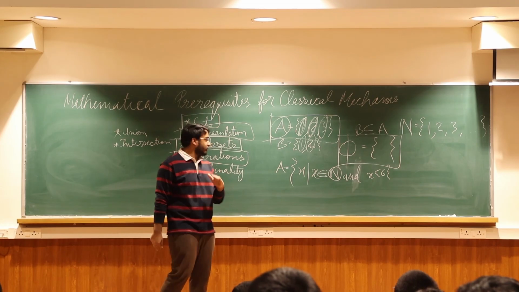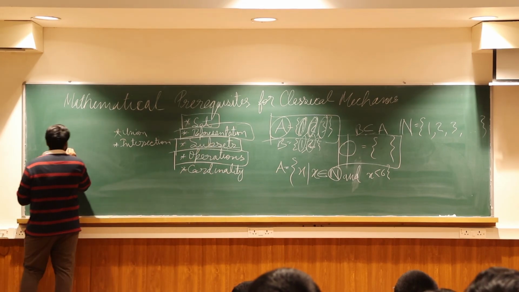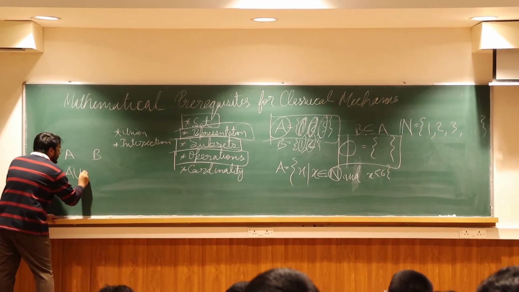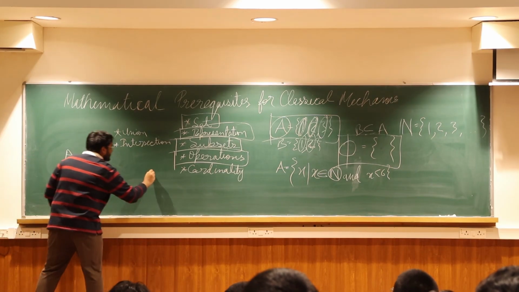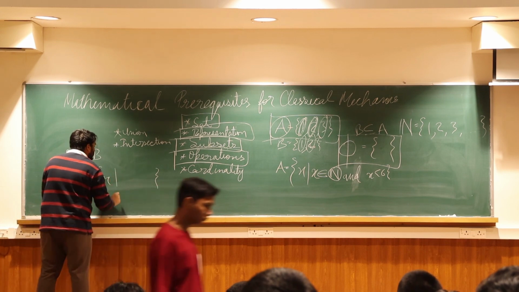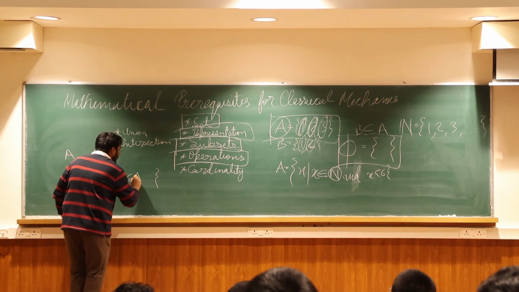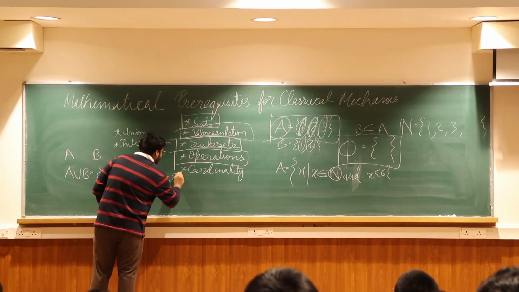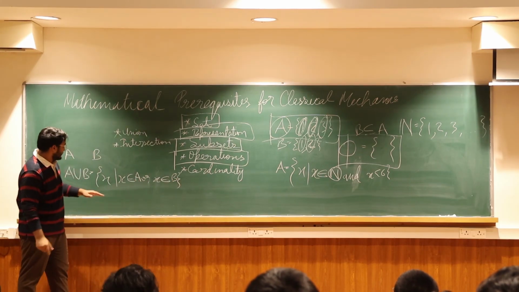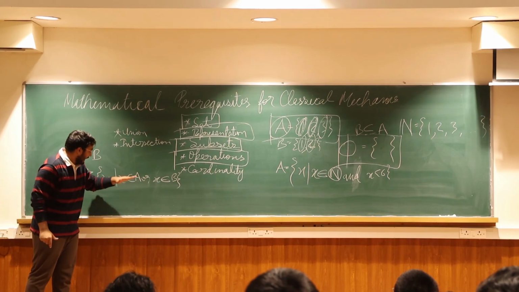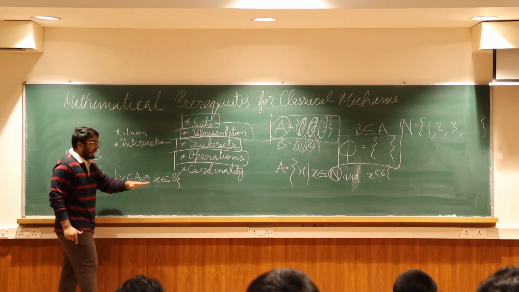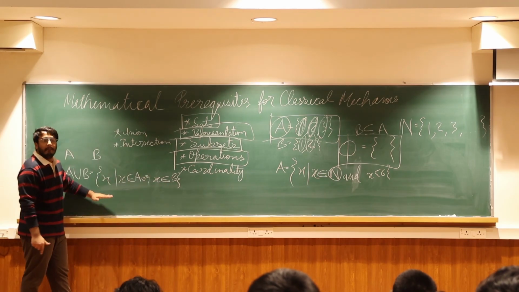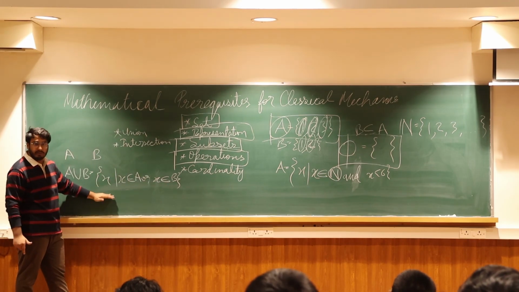So union: for two sets, let's say there exists a set A and a set B. A union B is defined as the set of all x's such that x belongs to A or x belongs to B, which means that any x that belongs to A or any x that belongs to B must belong to A union B.